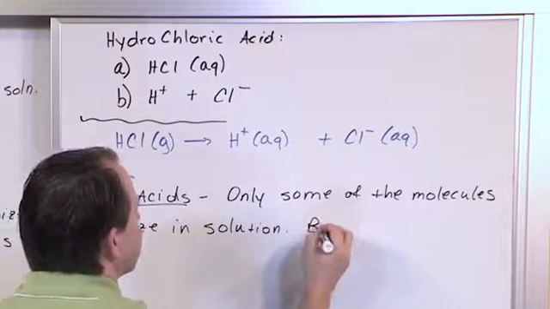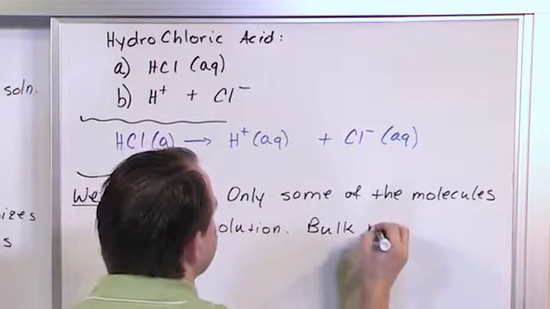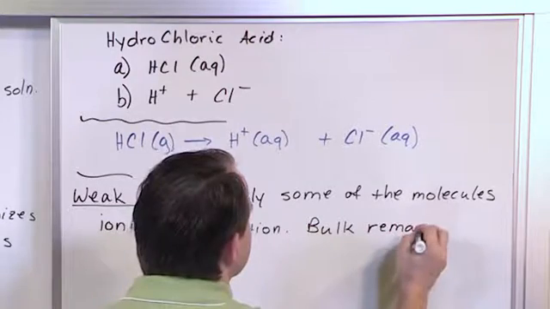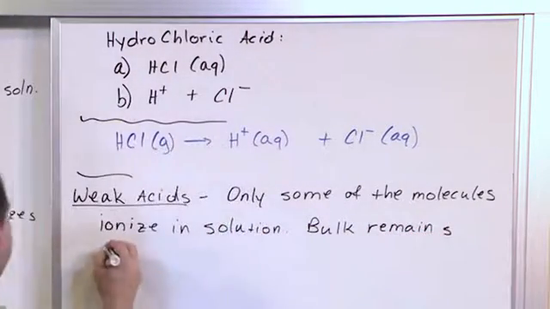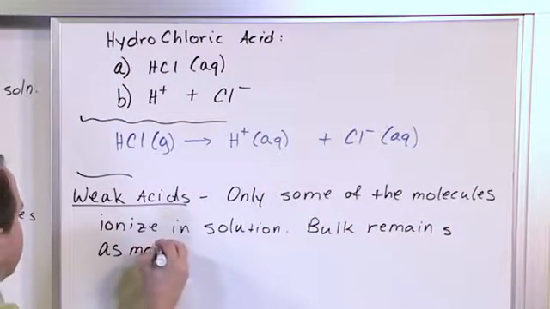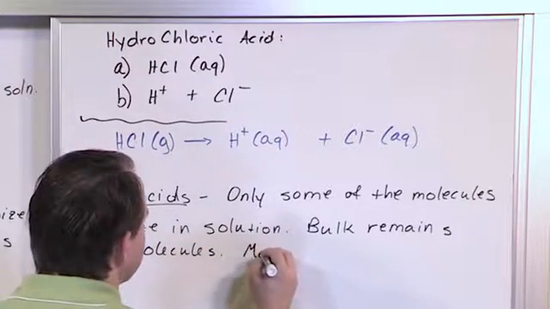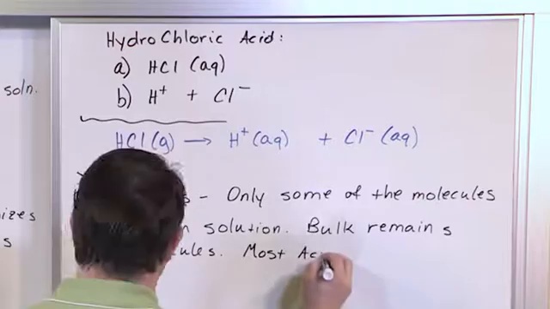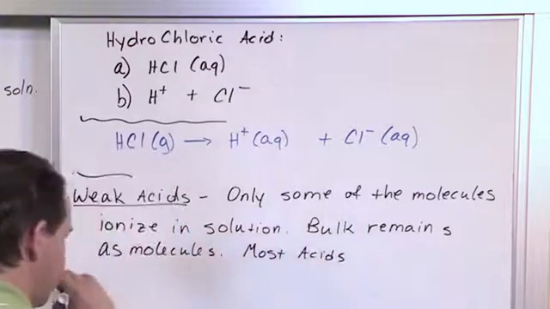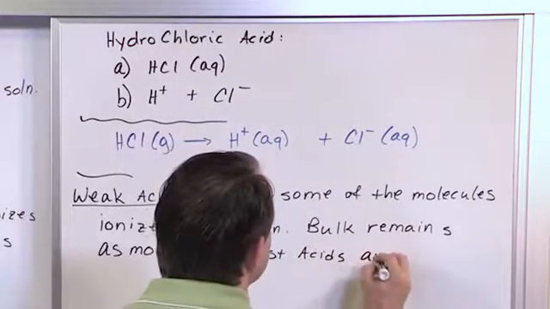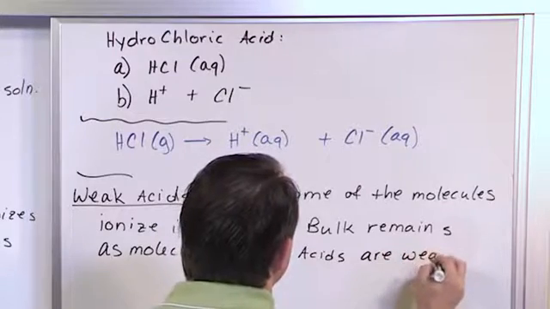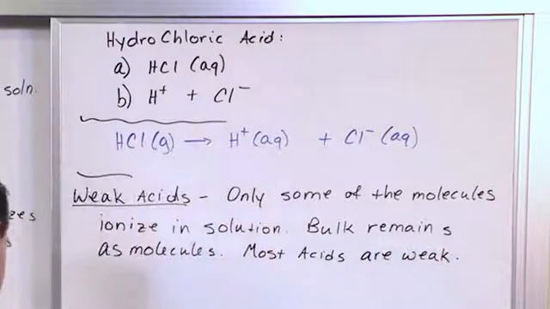The bulk remains as molecules. Most acids are weak. And because of this, they're weak electrolytes.